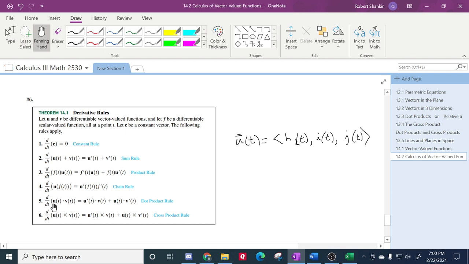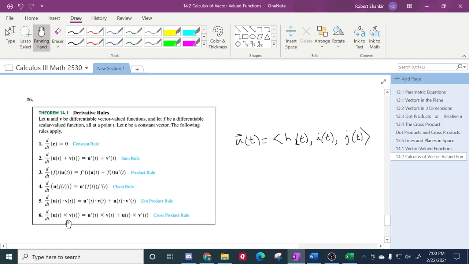And the derivative of a dot product, this is some kind of multiplication here. If it was ordinary multiplication and these were scalar functions, it'd be first times the derivative of the second plus second times the derivative of the first. This is some kind of multiplication, and the analogous rule works here.